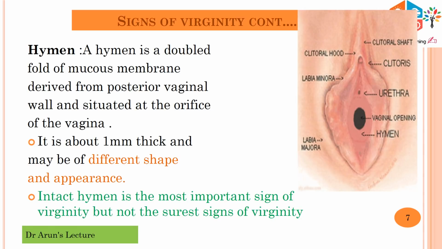Regarding the hymen, it is a double fold of mucous membrane derived from the posterior vaginal wall and situated at the orifice of the vagina. It is about 1 millimeter thick, and there may be different shapes and appearances. An intact hymen is one of the most important signs of virginity, but again it is not the surest sign of virginity.